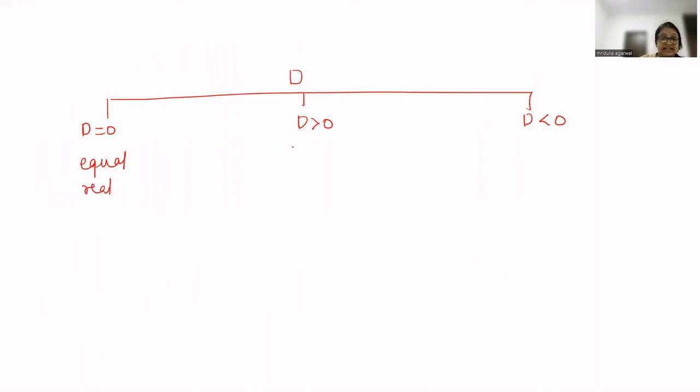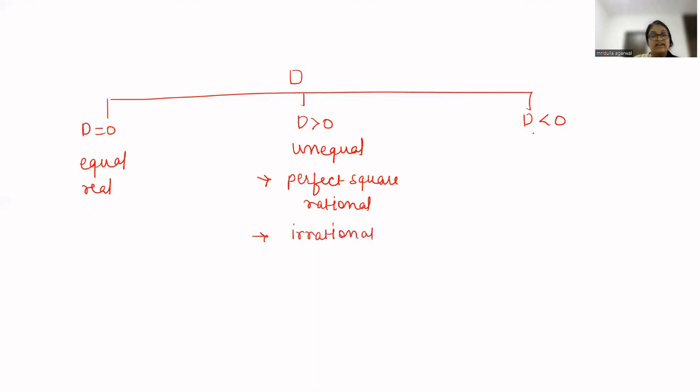When D is greater than 0, we have unequal roots, but there are two conditions. If D is a perfect square, then it is rational. Otherwise, it's irrational. So there are two cases in it. Again, when D is less than 0, we have unequal roots, but those are imaginary. These are the important points to remember for the quadratic formula.